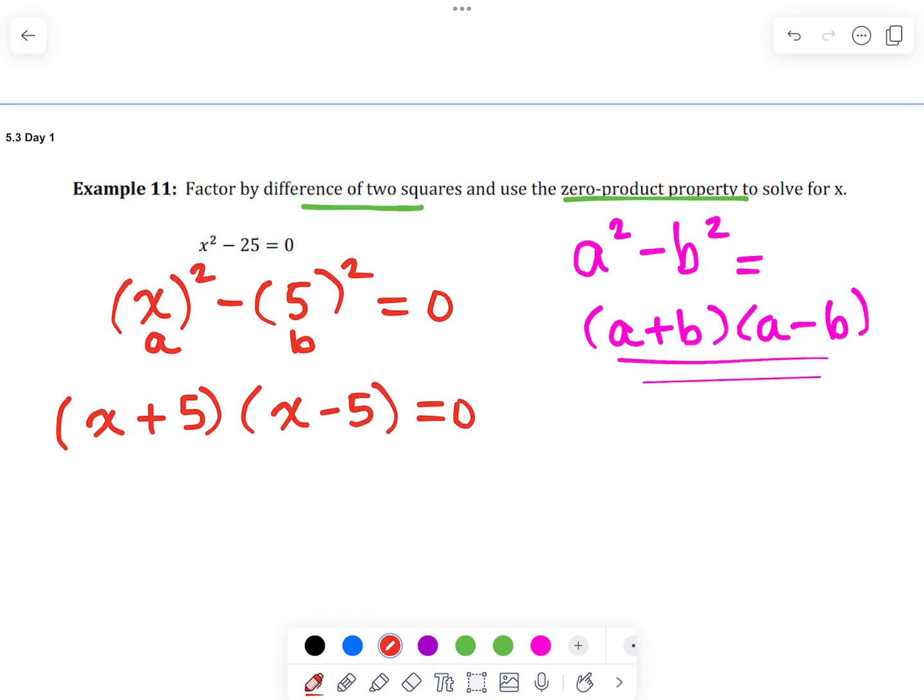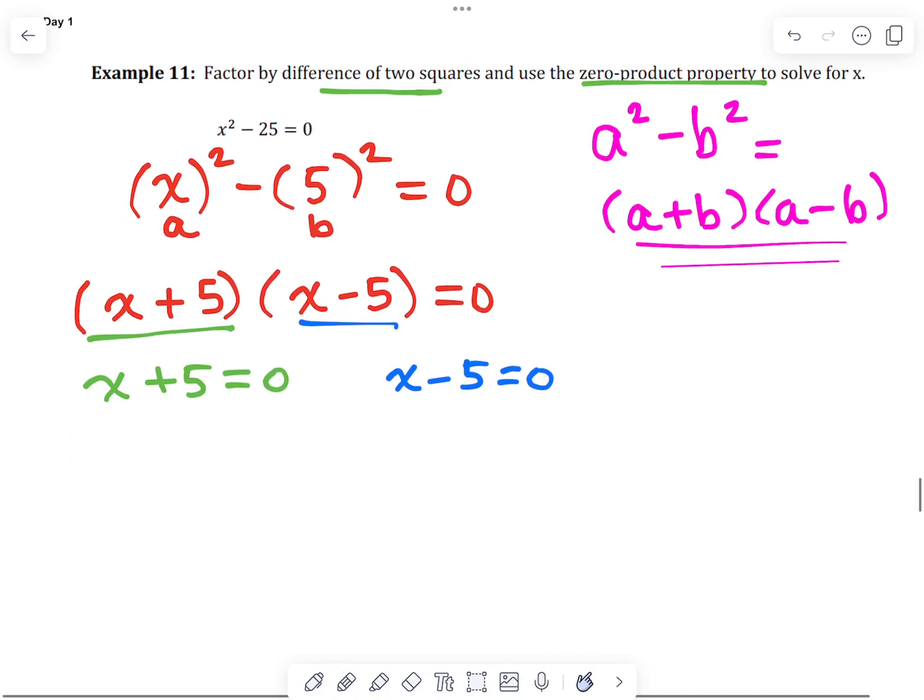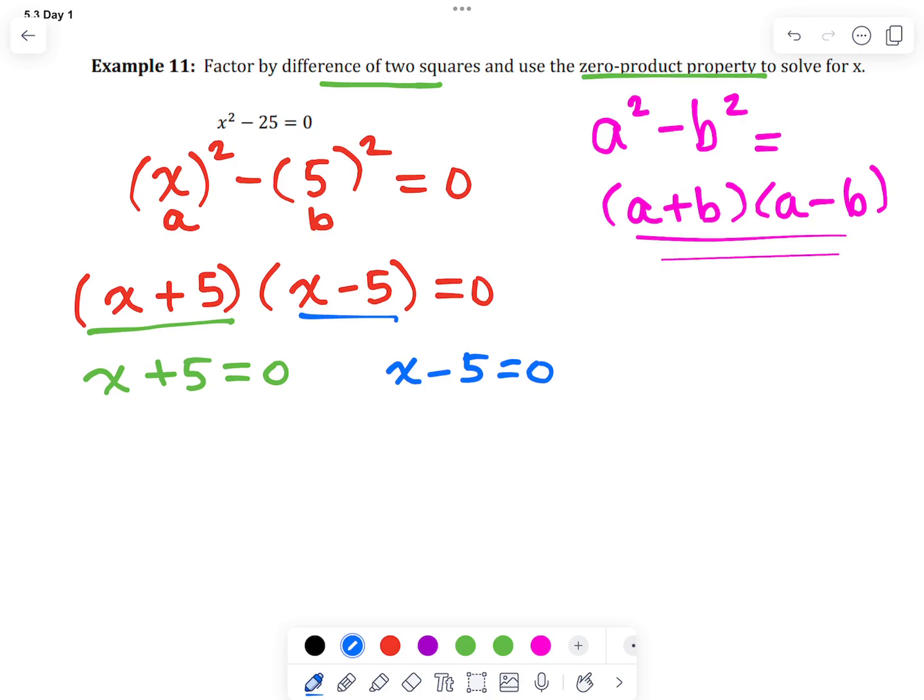Now it's factored. We're going to go ahead and use our zero product property. We set the factor equal to 0, and we solve for x. So we're going to subtract 5 from both sides in that green equation, and we get x to be negative 5.